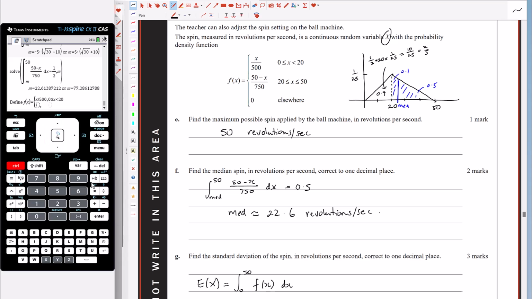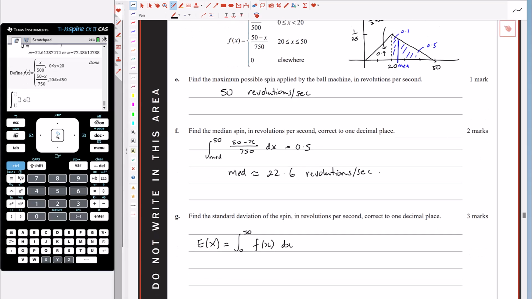And then this part is 50 minus x on 750, and that is for 20 less than or equal to x less than or equal to 50. Alright, let's see how we go.